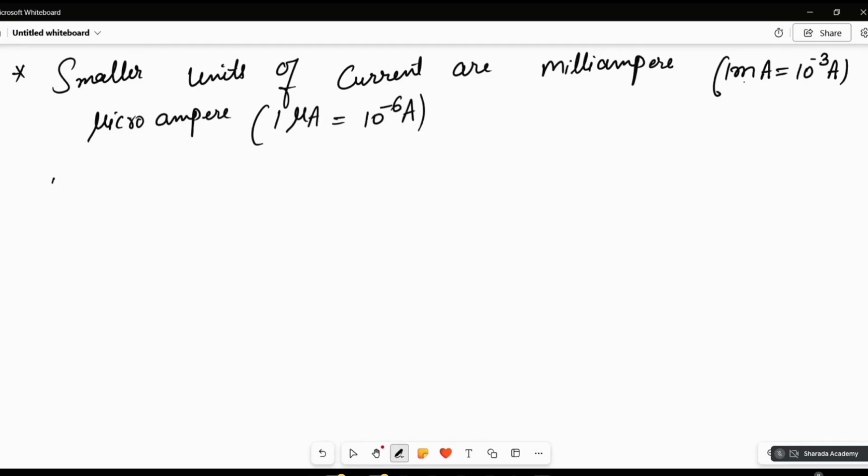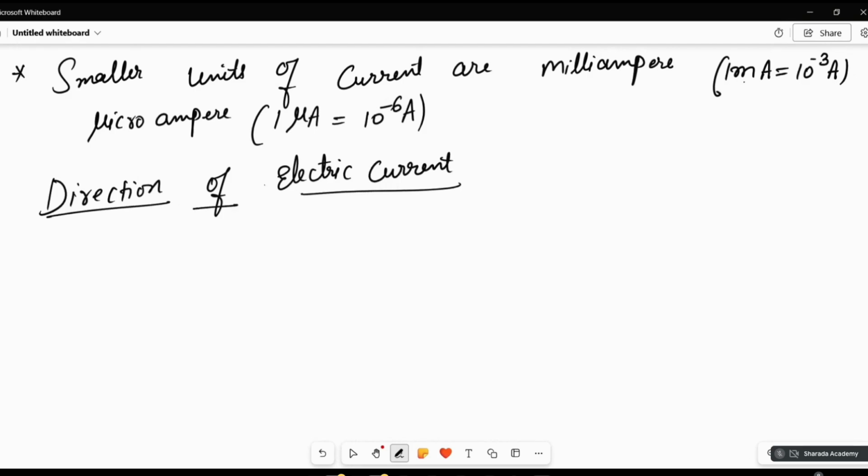Next comes the direction of the electric current.